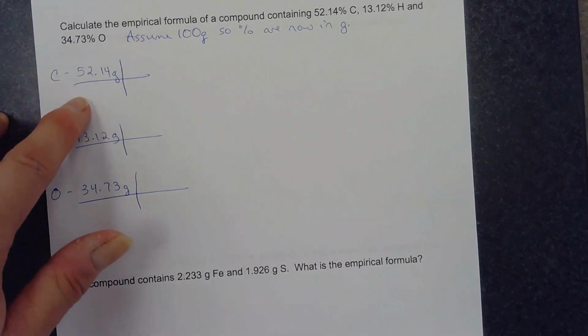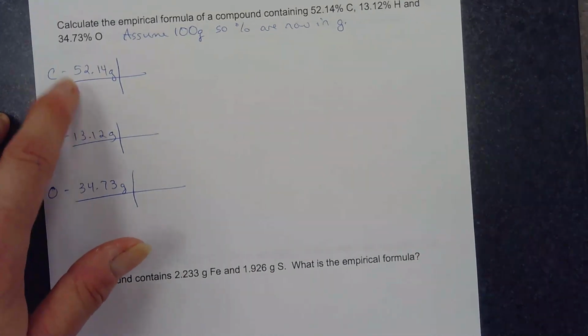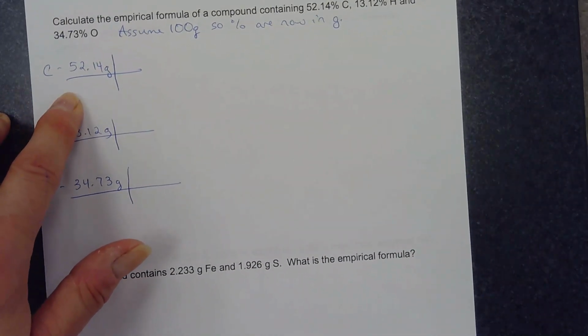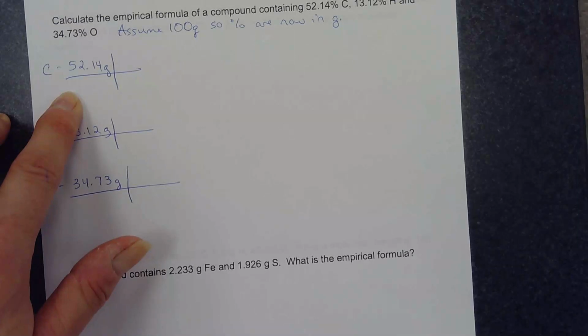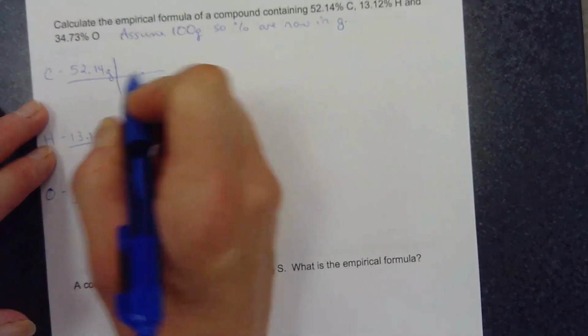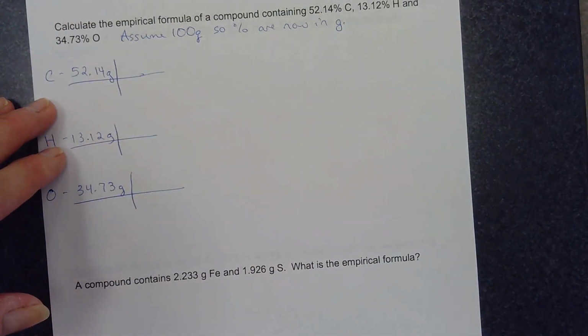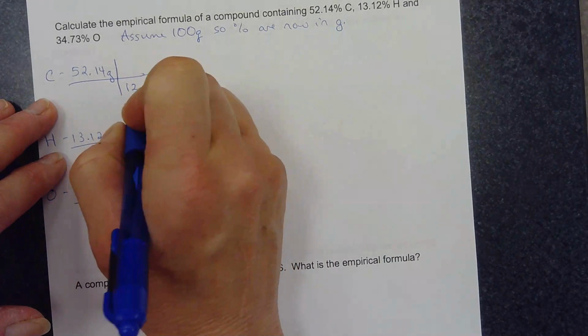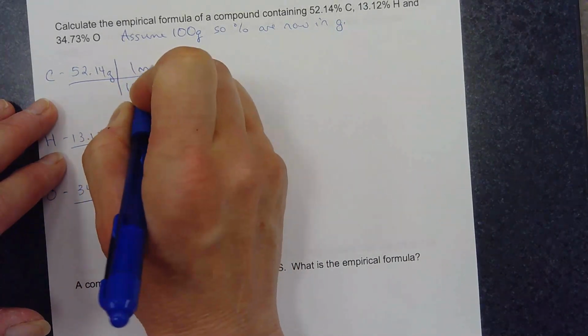Now, why did I set it up that way? Because what are you doing? What are we trying to find here? Tell me what the rule is. We're trying to find what? Convert grams to moles. What is the gram per mole for carbon? 12.01. So 12.01 grams for every 1 mole.